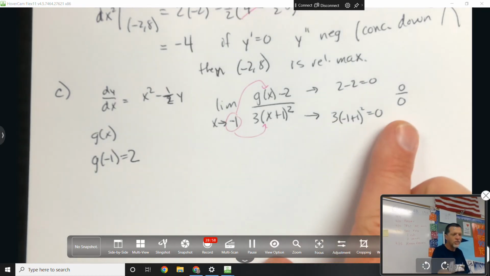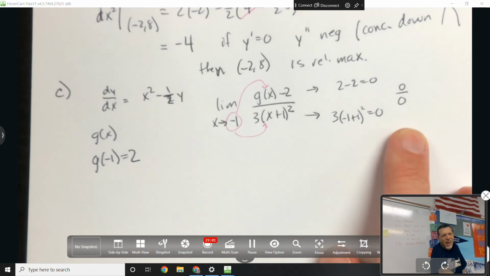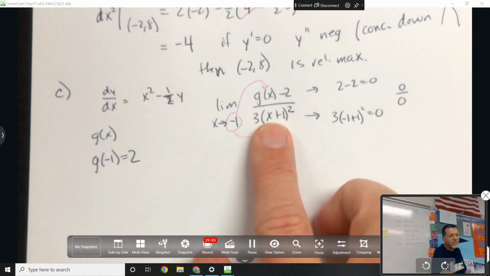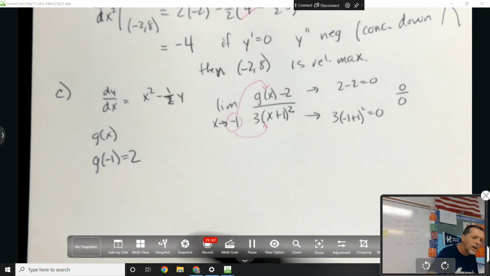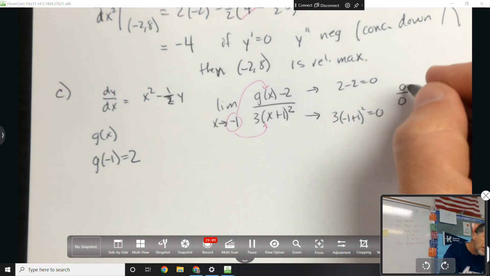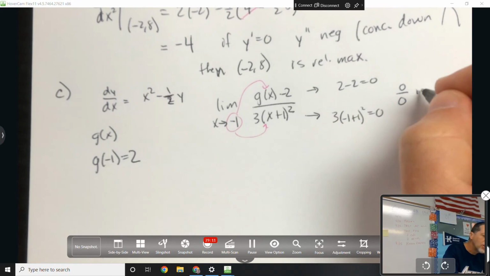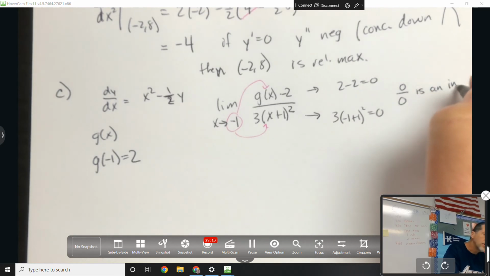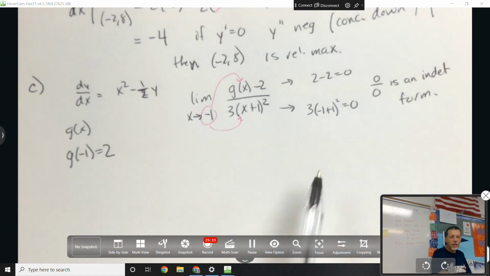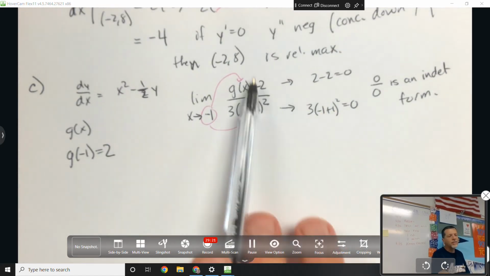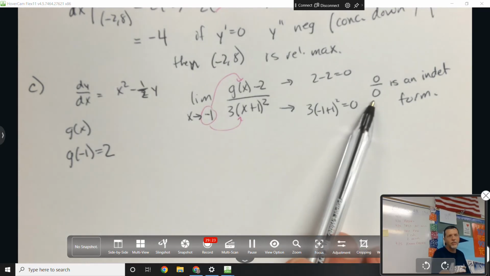I have 0 over 0 written down, but I haven't said that this limit is equal to 0 over 0, because that would not be true. So just be careful. What I do want to say is 0 over 0 is an indeterminate form. We did say you need to say that. The only thing I added is just be careful not to say that the limit equals 0 over 0, because that's not technically correct.